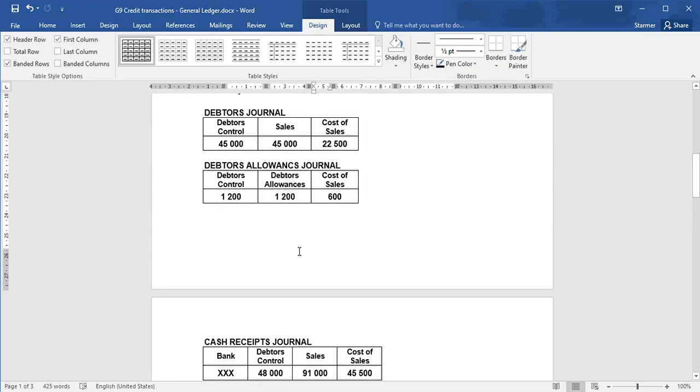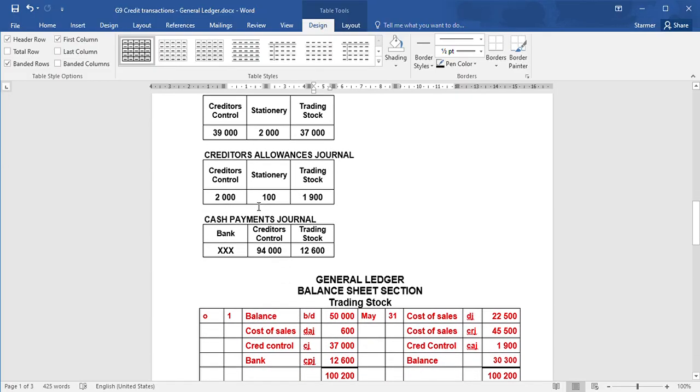Now we move to the debtors allowances journal, and if you just think about what you're doing here, you should have everything exactly opposite to what happened with the debtors journal. So, step 1, do the debtors owe you more or less if they return? I think that's easy enough to see that they owe you less.